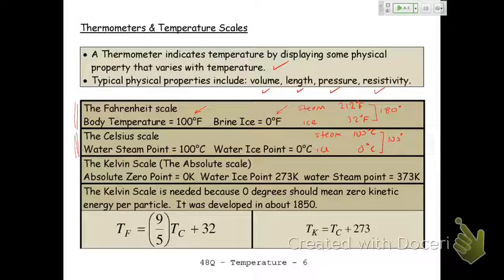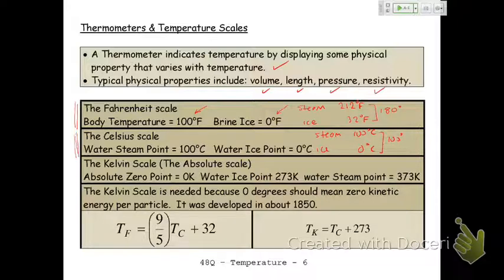he wasn't Lord Kelvin at the time, but he became Lord Kelvin. A famous scientist wrote a letter to the Royal Society and said, listen, we got to find out what absolute zero is.